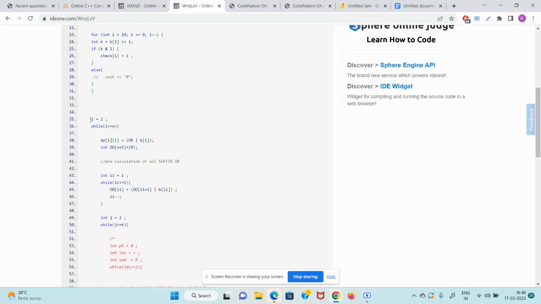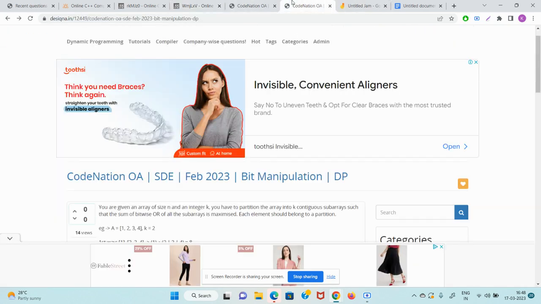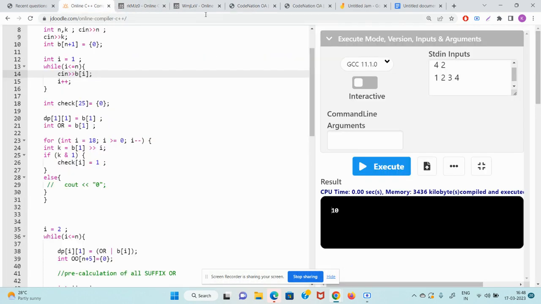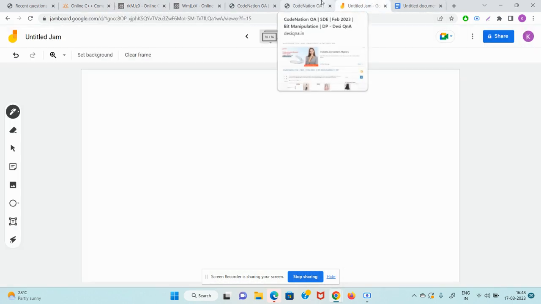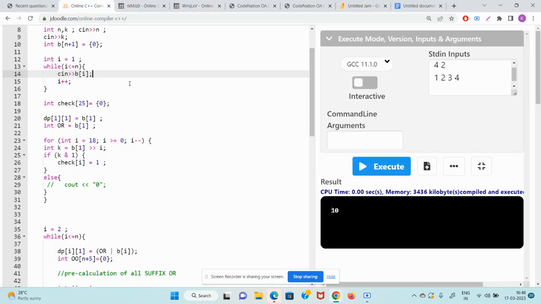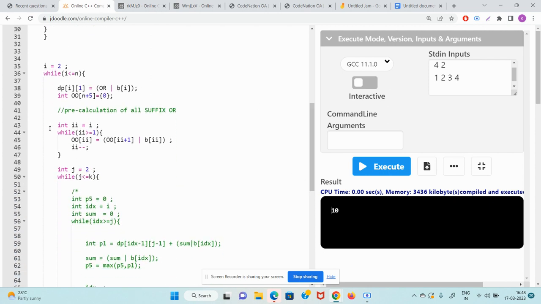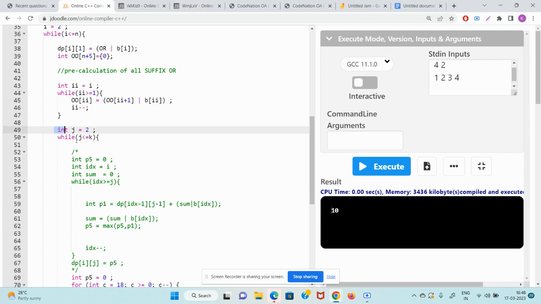Same first for loop, then the second for loop, and here I am doing the pre-calculation of suffix OR, because I will be needing it while calculating this K1, K2, K3, K4. For this I am using the suffix OR concept. So pre-calculation of all suffix OR, then our normal j loop.